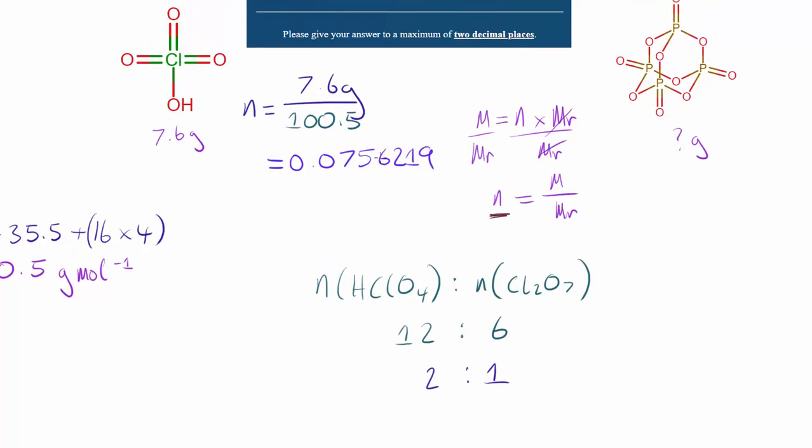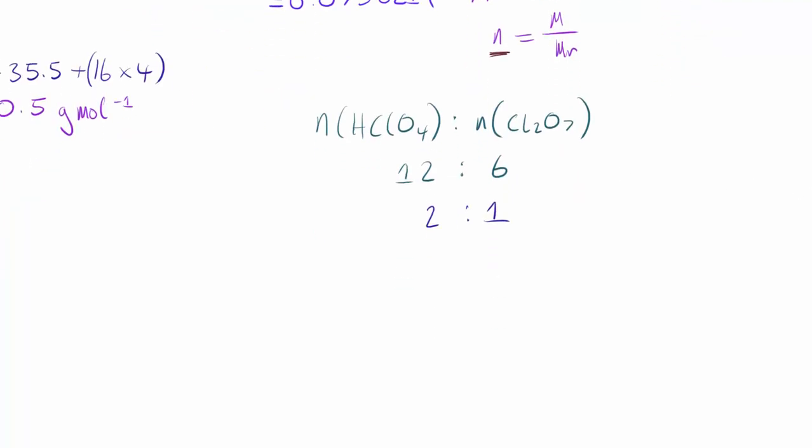Well, the implication is that the moles of Cl₂O₄ is going to be equal to simply 0.5 multiplied by the moles of the HClO₄. In other words, it's going to be half, okay?